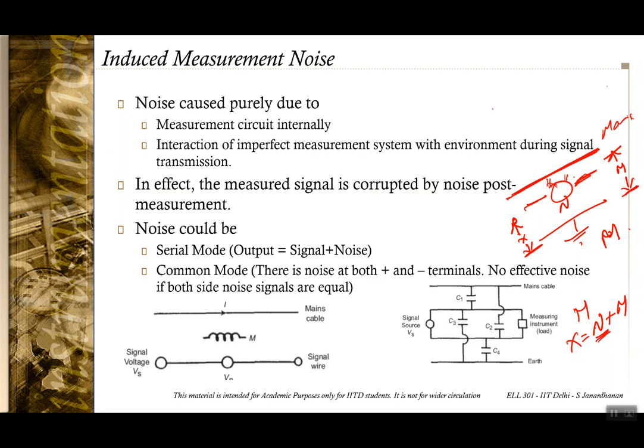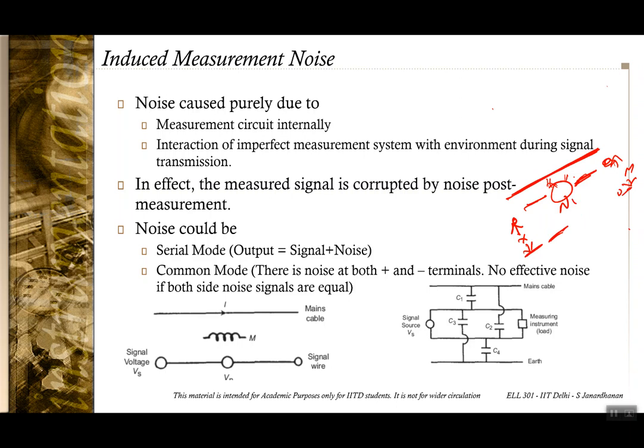Common mode noise is when you have a noise factor that affects both the channels. So it is basically the noise affecting both ends of your measuring terminal.